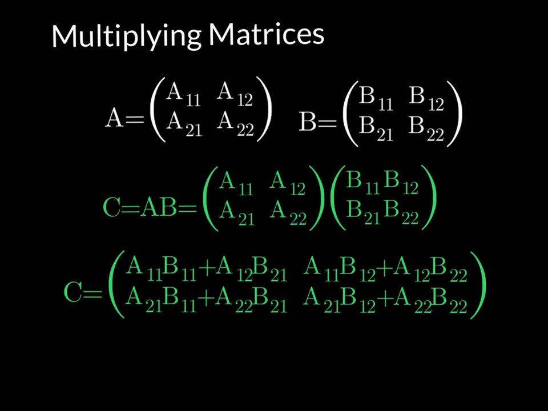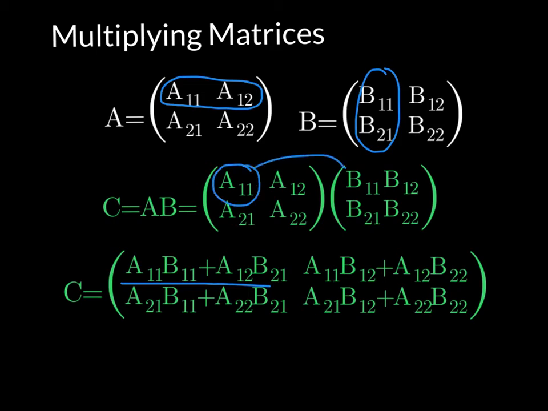So matrix C has 4 elements. Element C11, which is underlined here in blue, is found by combining the first row of matrix A with the first column of matrix B. So you have A11 multiplied by B11, and that is added to A12 multiplied by B21. So that's the first element.